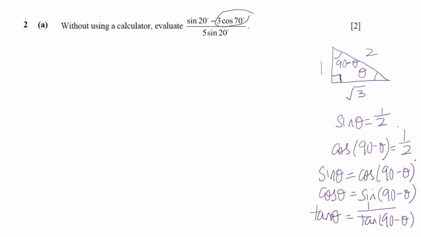So these are the three relationships that we have learned in chapter 10 under trigonometry functions. This is exactly what we're going to use to evaluate that. Right, so cosine 70 will be equal to sine bracket 90 minus 70.